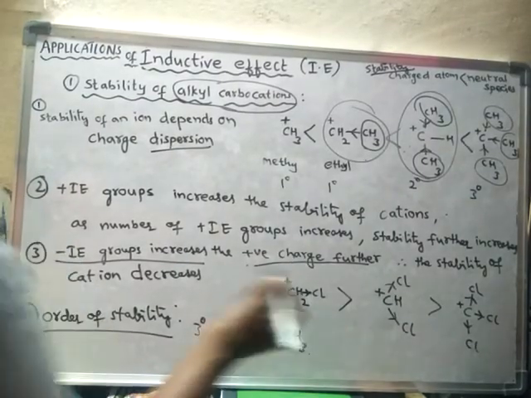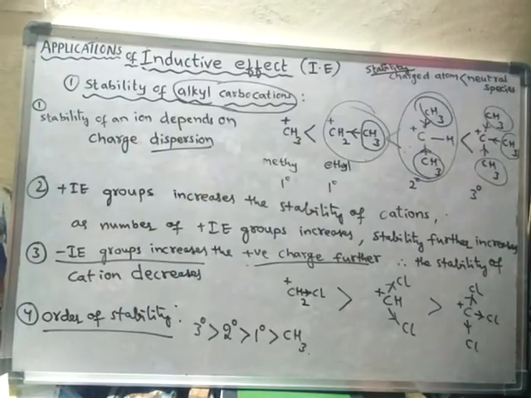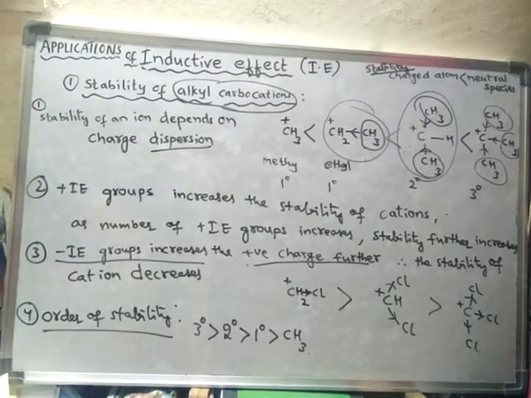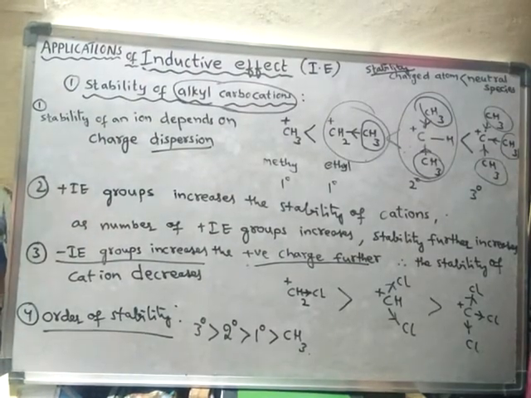So this is the order of stability of carbocation. This is one of the applications of inductive effect.